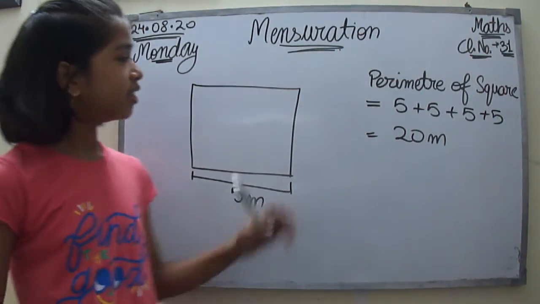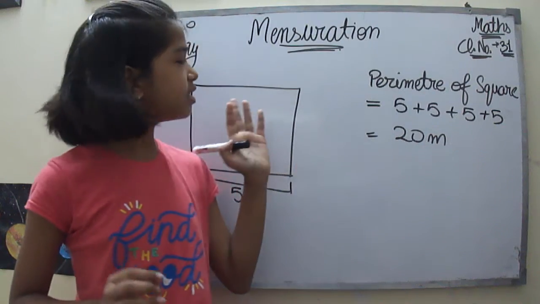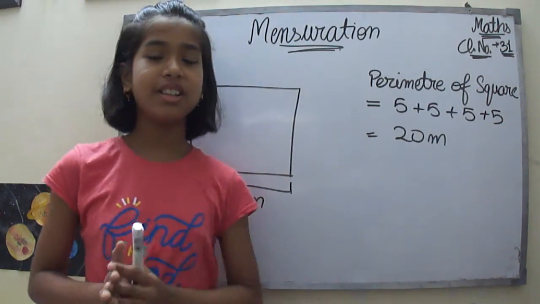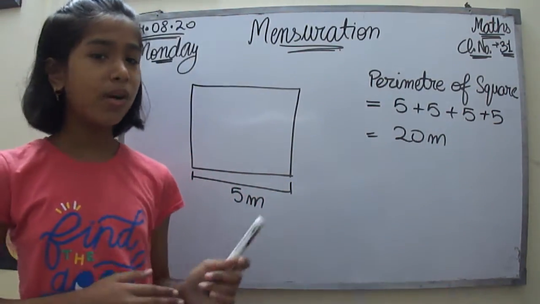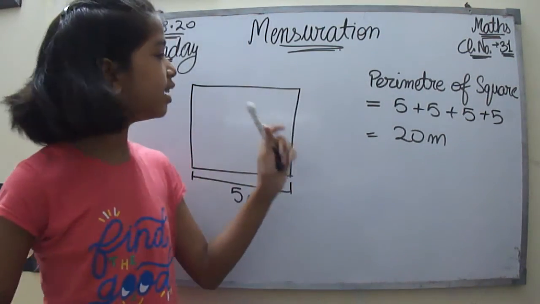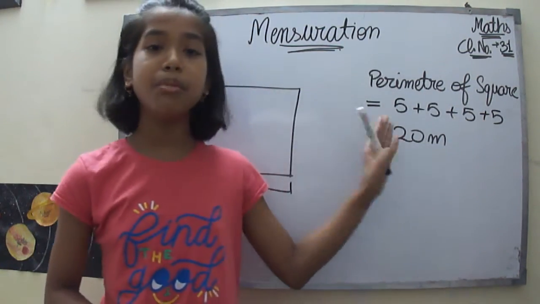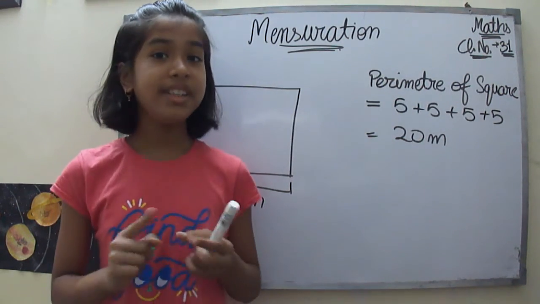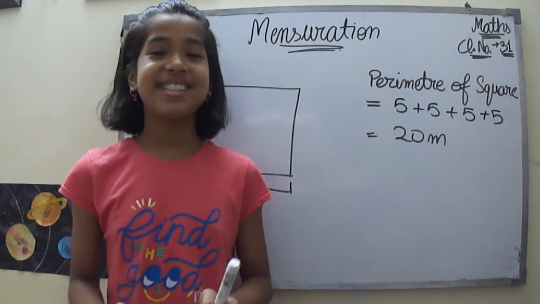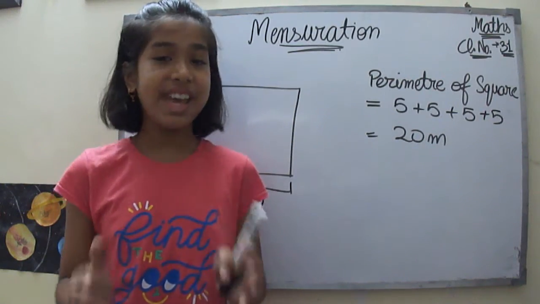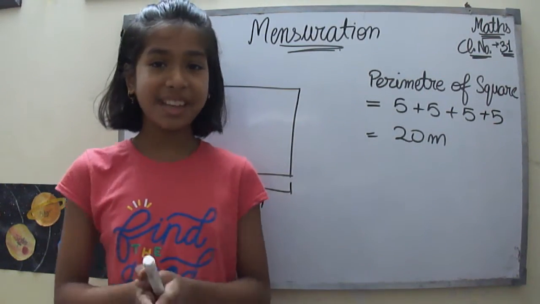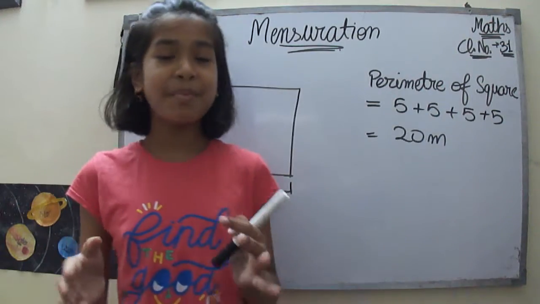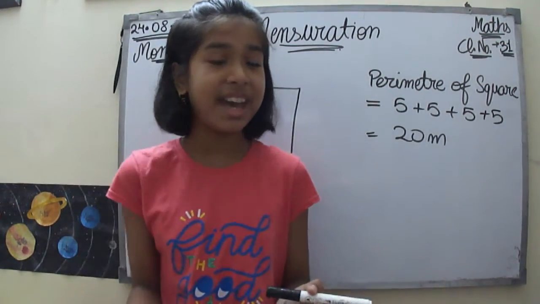Now, we can see here that we are adding the same number 4 times. Here we take the help of multiplication. Multiplication is nothing but repeated addition.